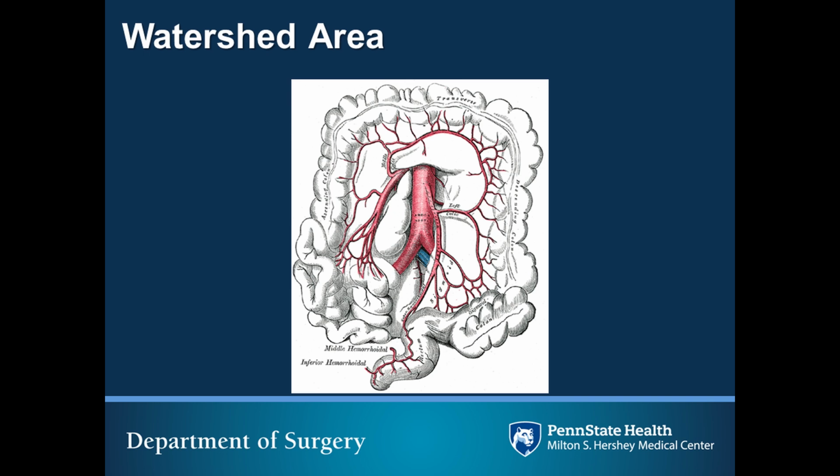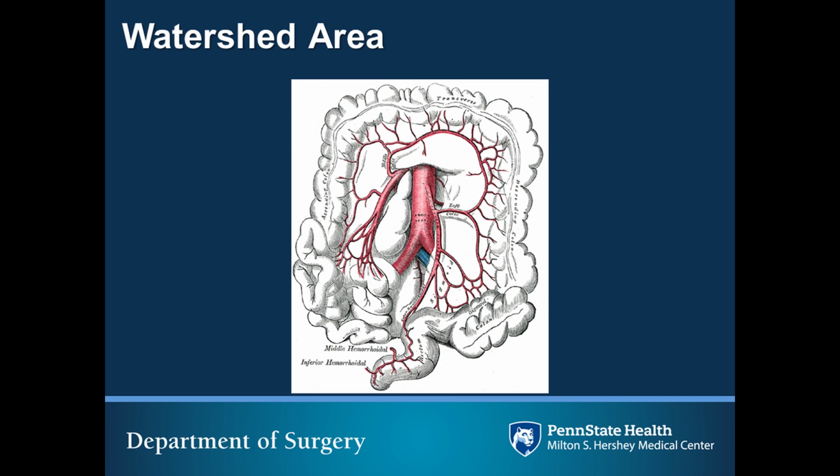Another important point to consider when discussing mesenteric ischemia and abdominal vasculature is the interconnectedness between these three systems. For example, between the SMA and IMA blood flow, there are connections, including the marginal artery of Drummond and the arc of Riolan, which are vascular arcades within the colonic mesentery.